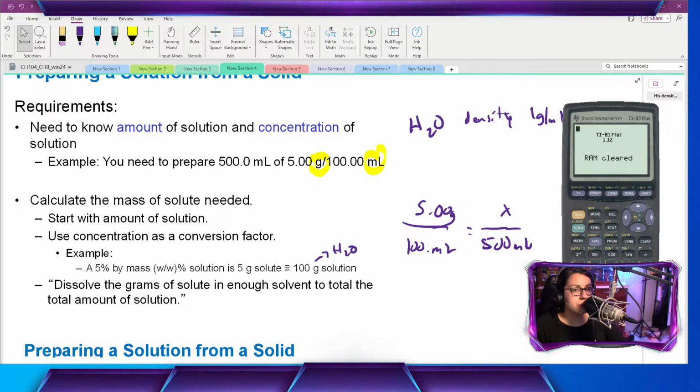Then cross multiply to solve: 5 times 500 divided by 100. And so then we would know that we need 25 grams to go with our 500 milliliters.